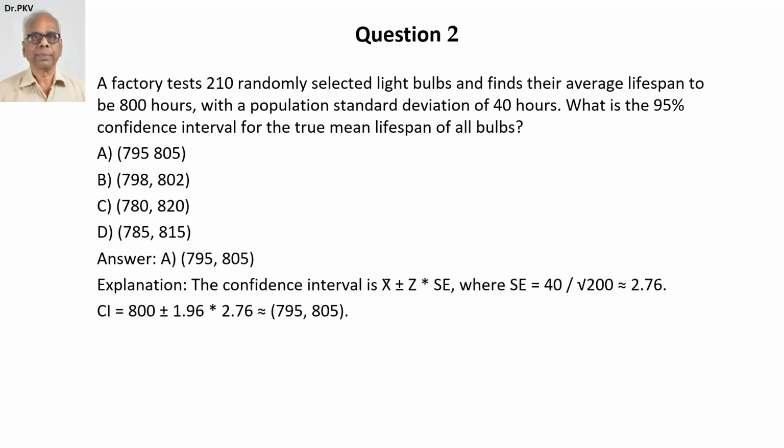The choice is A, 795 to 805 is the confidence interval. Why? The confidence interval is given by the formula x bar plus or minus z times standard error, where z is the ordinate of the standard normal distribution, which will correspond to 95% confidence level. So standard error is 40, and there is a small typo here.